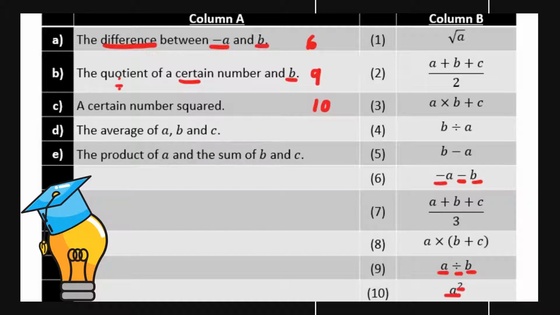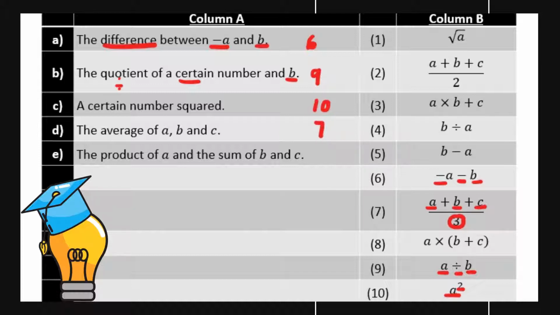The next question reads, the average of A, B, and C. If we look at number 7, we have A plus B plus C. To get the average of these three numbers, we need to divide it by a total of 3. Therefore, the solution that fits with D would be number 7.